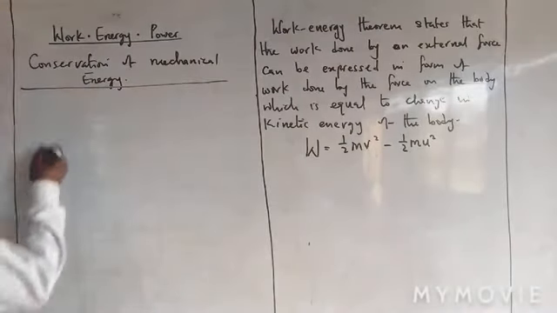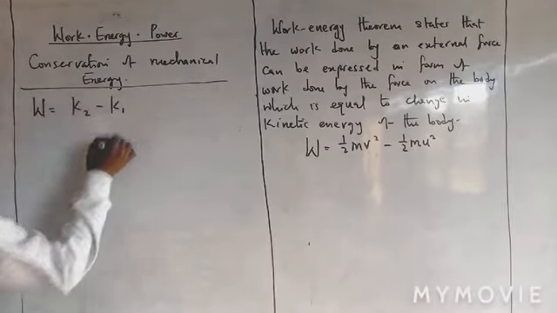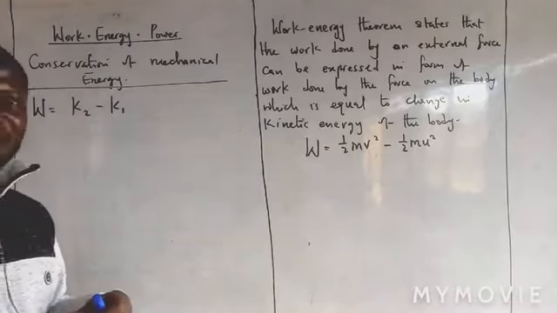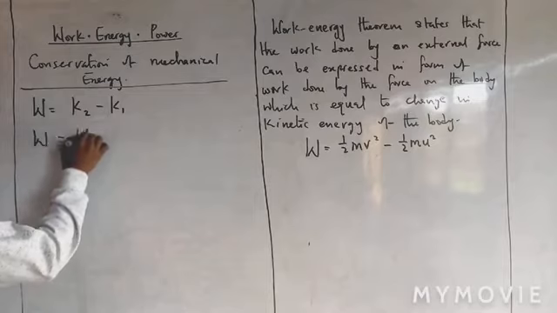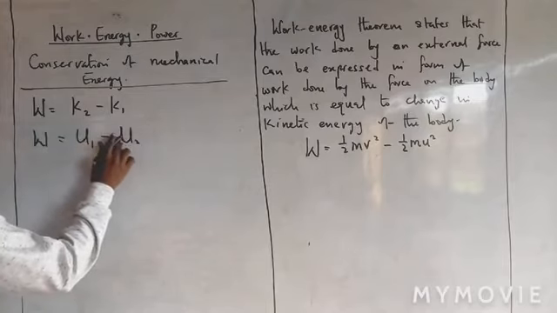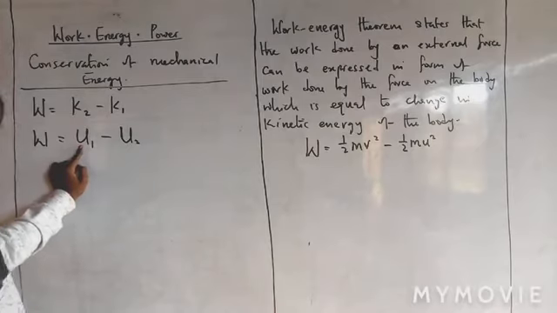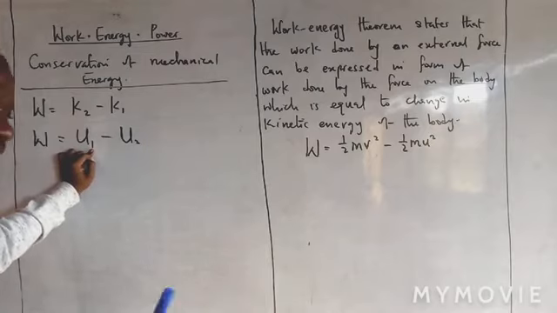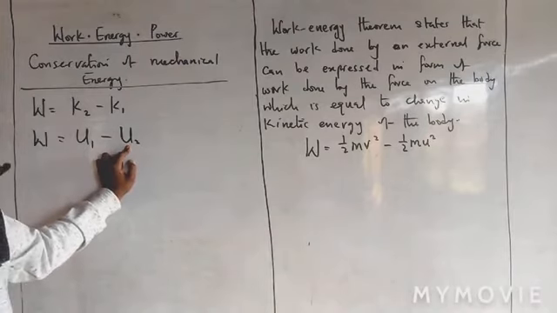We have already learned that work can be expressed in terms of K2 minus K1. But the potential energy can always be expressed in terms of work as well, which is equal to U1 minus U2. If U is my potential energy, this is the initial potential energy of a body, and this is the final potential energy of the body.